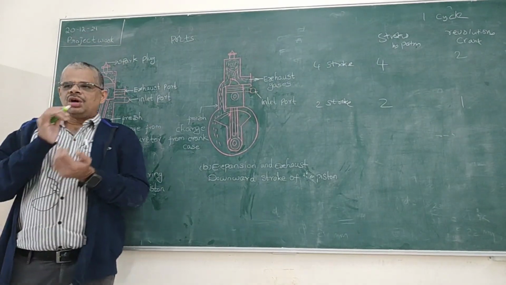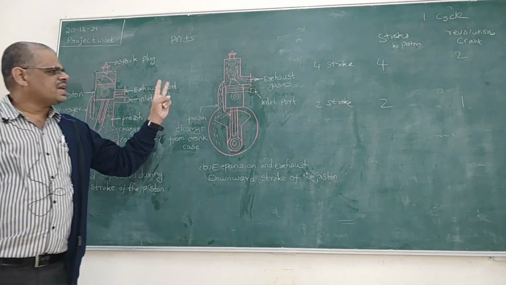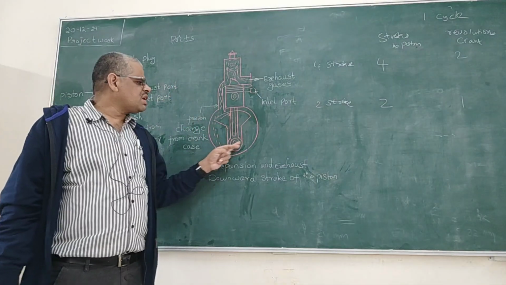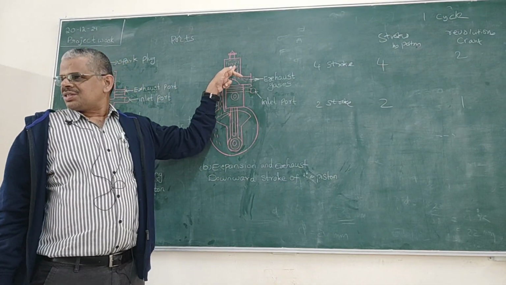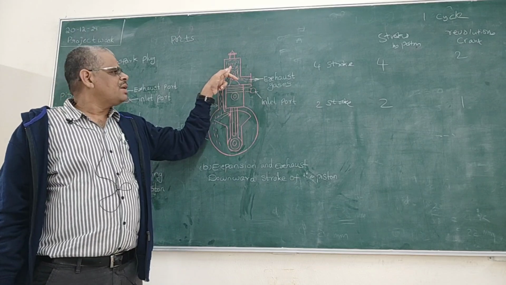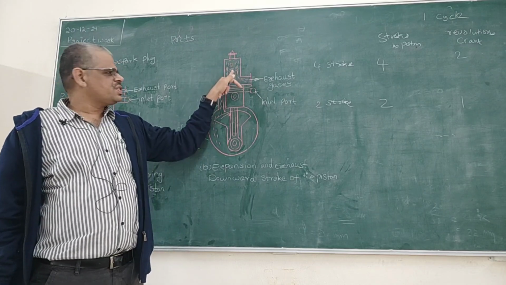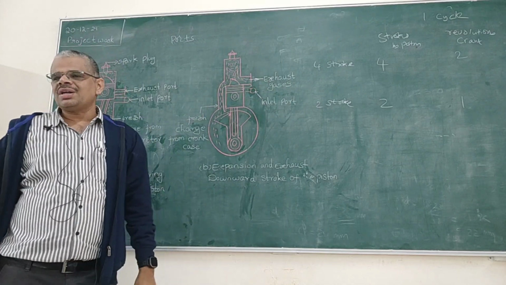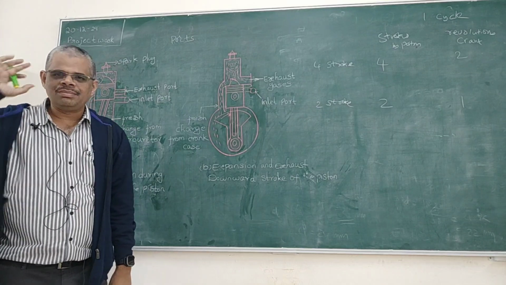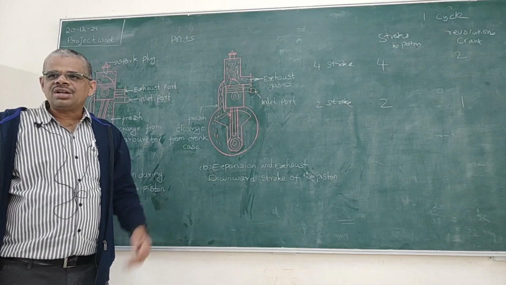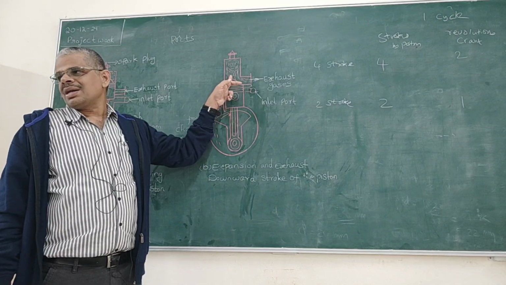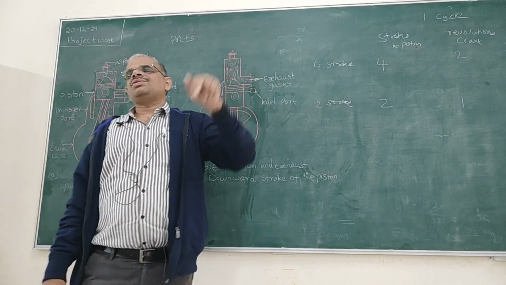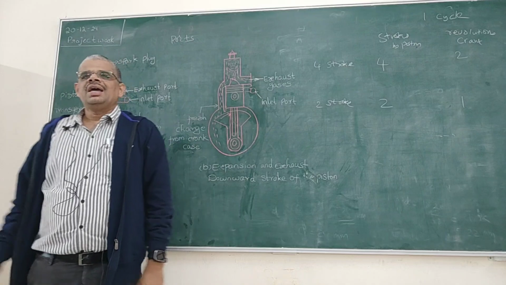Here you may get one doubt. Here 2 actions, that is transfer of charge from this crankcase to the combustion chamber, and at the same time the exhaust of gases from combustion chamber to the outside atmosphere are taking place at the same time. Now you may get doubt that, sir, whatever be the charge which is entering into the combustion chamber, it may escape through the exhaust port.